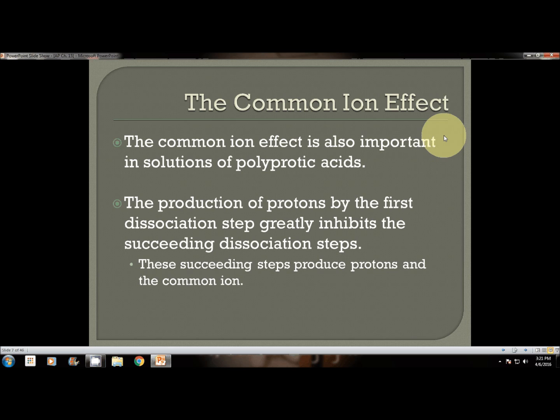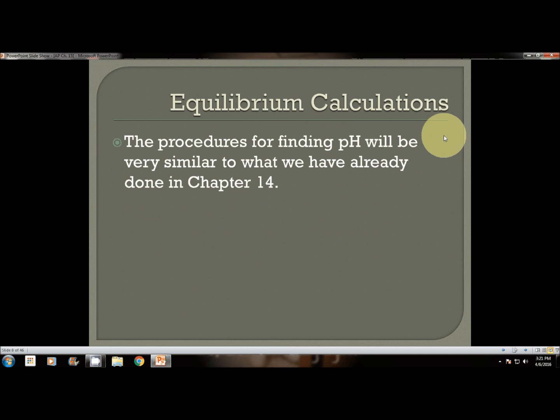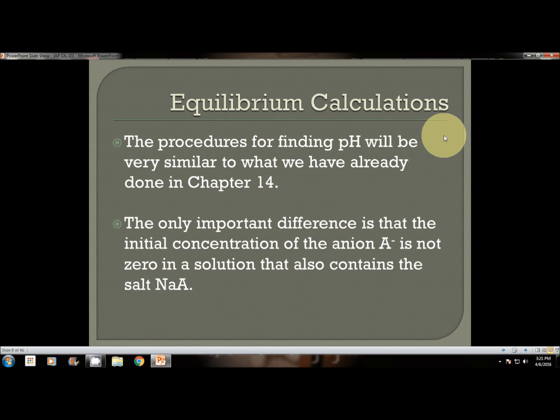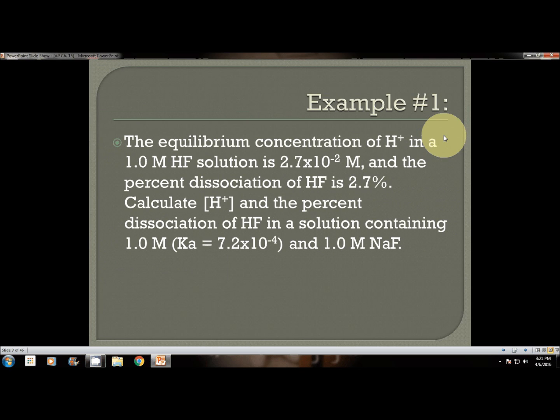These succeeding steps can produce more protons, but they also produce the common ion. In this chapter, we're going to be calculating very similarly to what we've already done in chapter 14. The only important difference to note is that the initial concentration of the anion is not 0 anymore. It's now the concentration of the salt that has that anion. We're going to see that in example 1.